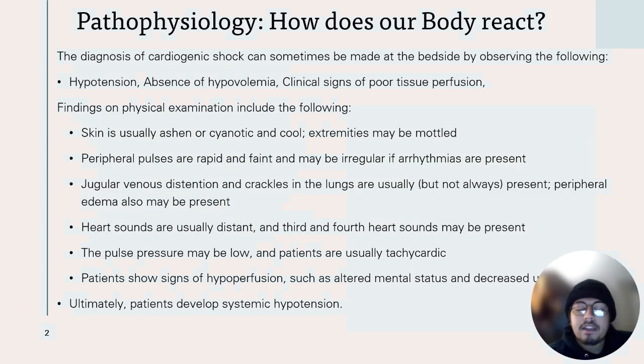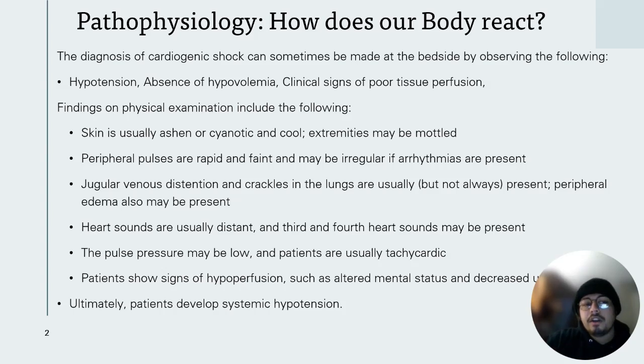So what can we clinically observe from our patients coming in with this diagnosis? One of the bedside assessments that we can see right away is hypotension, absence of hypovolemia, and clinical signs of poor tissue perfusion, such as cyanosis of the mucous membranes, lips, and fingernail beds.